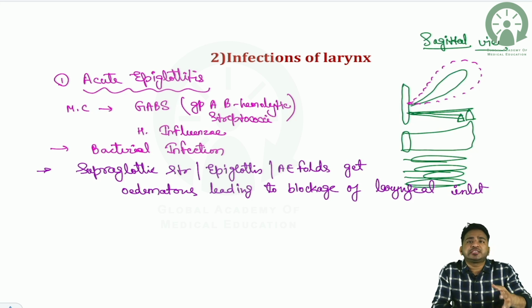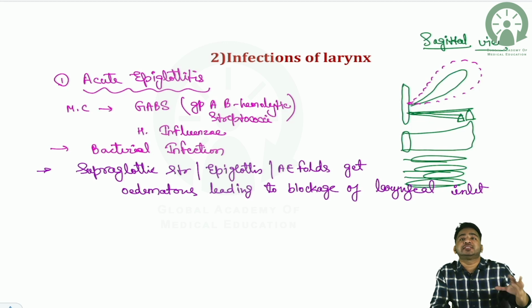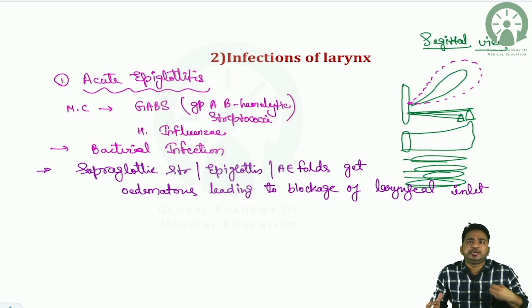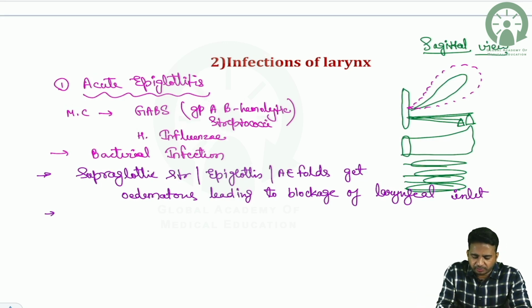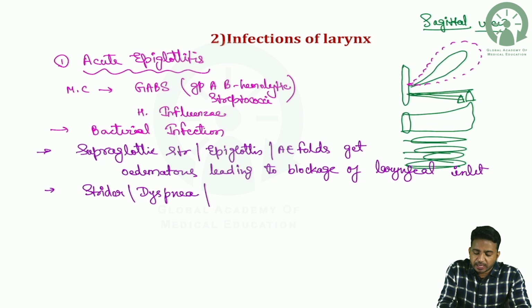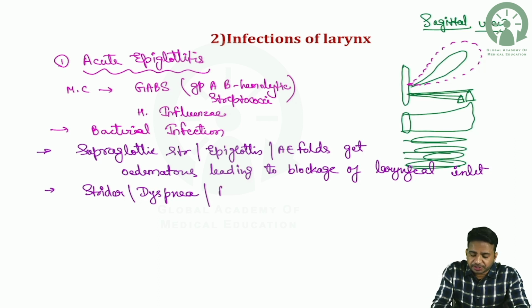So if the entry is blocked and air can't pass inside, there will be stridor, dyspnea. The clinical presentation will be stridor, dyspnea. Since it's a bacterial infection, patient may have fever, febrile.